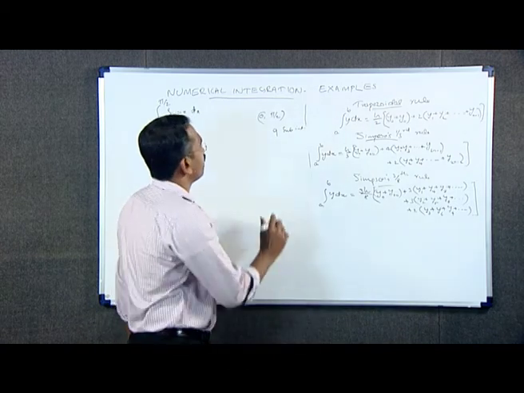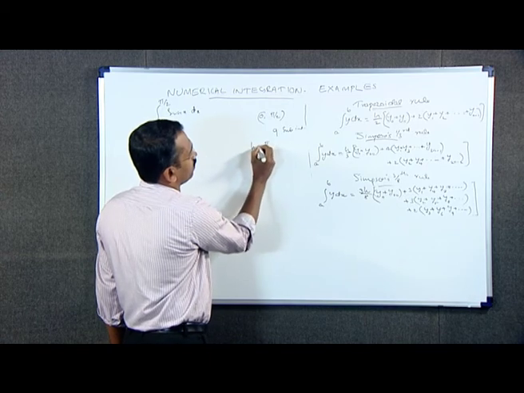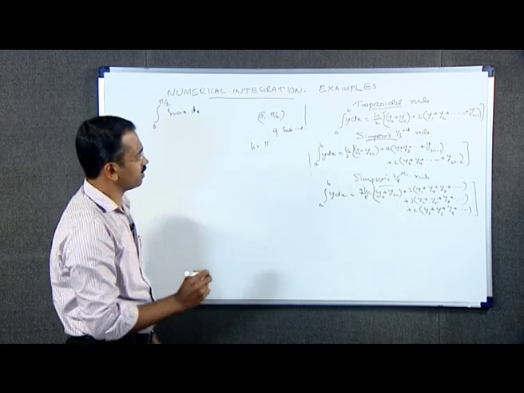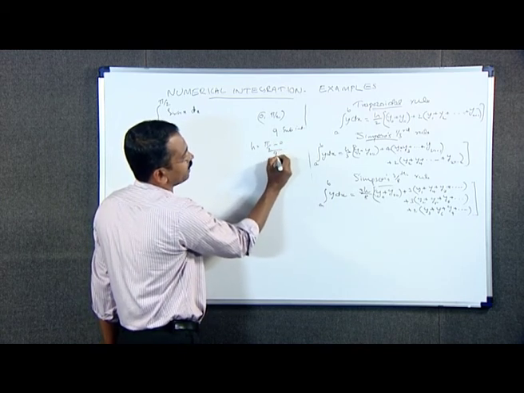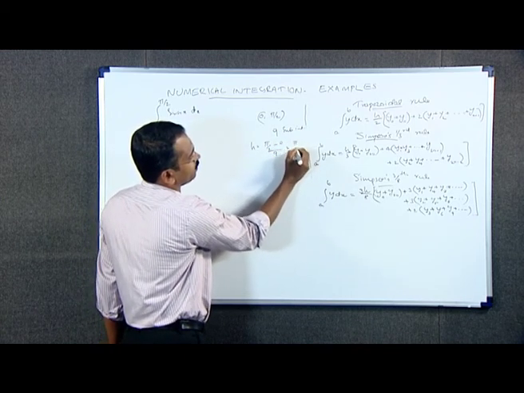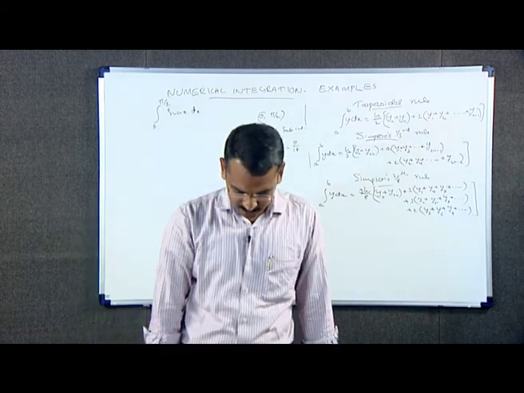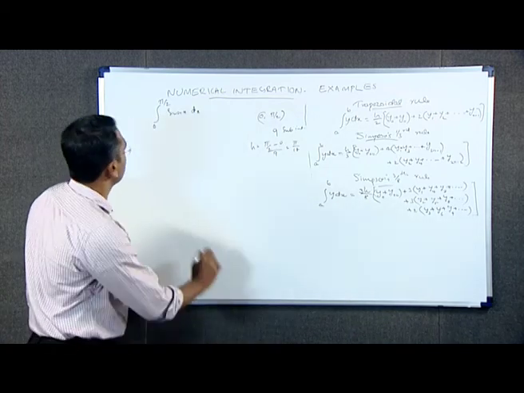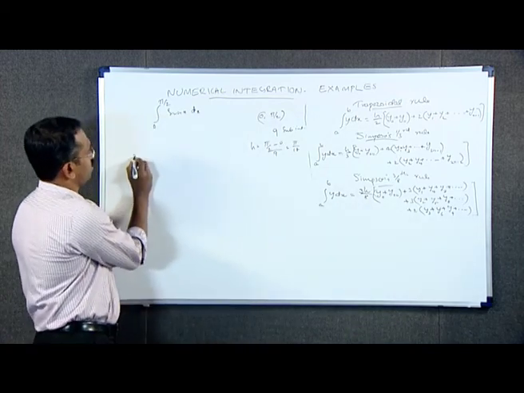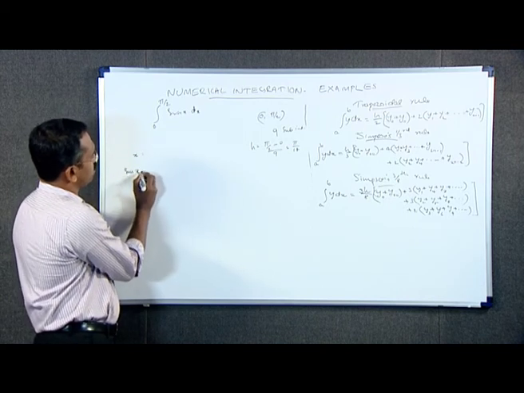The width of each sub-interval is pi by 2 minus 0 divided by 9, that is pi by 18. Here h is equal to pi by 18. Now, we tabulate the x values and corresponding sin values.